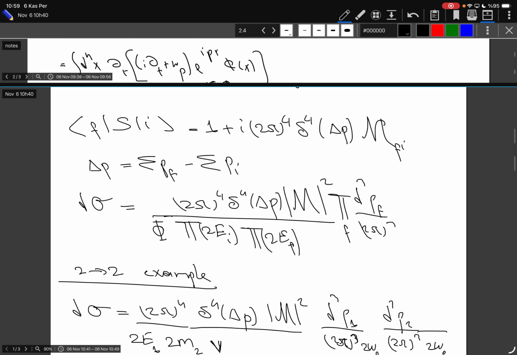I have the energy momentum conservation. You see, that's not something I put by hand. That comes from the derivation, just like we did the explicit energy conservation. But the momentum conservation Dirac delta also comes from the derivation itself. That's not something I put by hand. Then I have to correct for the normalizations. I have to sum over all the final states that my detector is measuring. And then I have to divide by the incident flux.